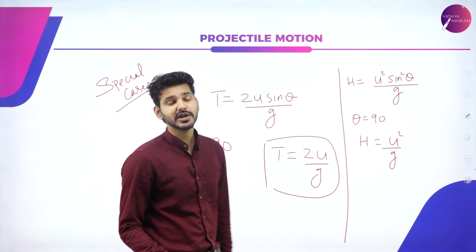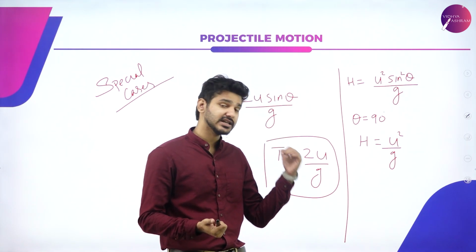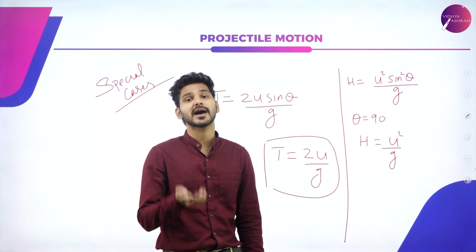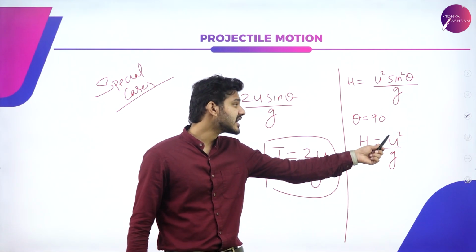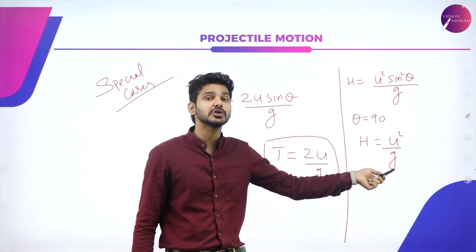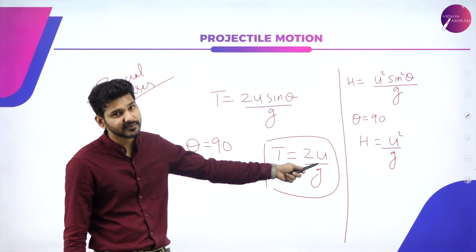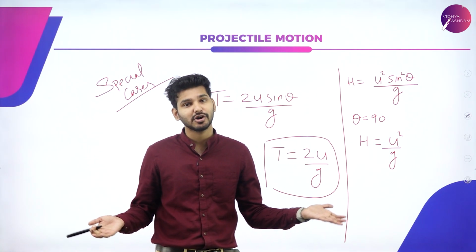So if we throw an object straight upwards at 90 degrees, it will have the maximum height and maximum time of flight, depending only on the initial velocity and the acceleration due to gravity of that particular planet or place.